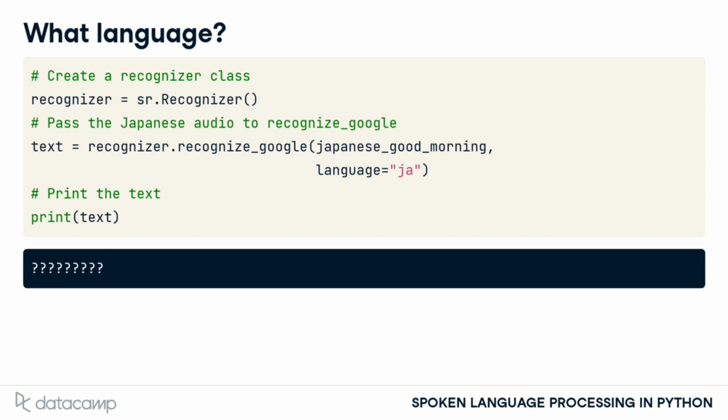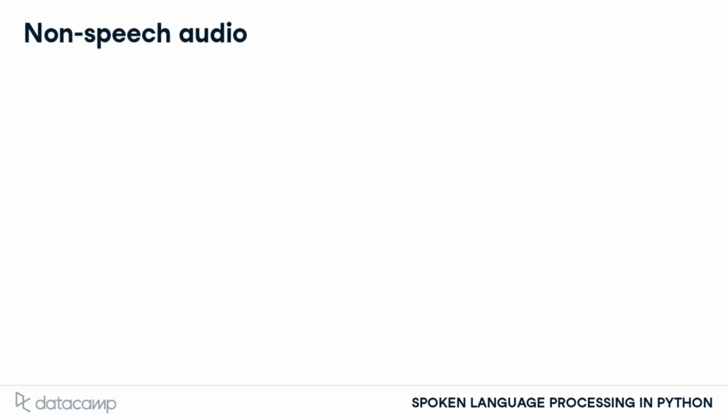The thing to note is, the speech recognition library doesn't automatically detect languages, so you'll have to ensure this parameter is set manually and make sure the API you're using has the capability to transcribe the language your audio files are in.